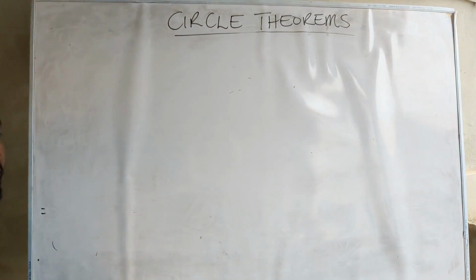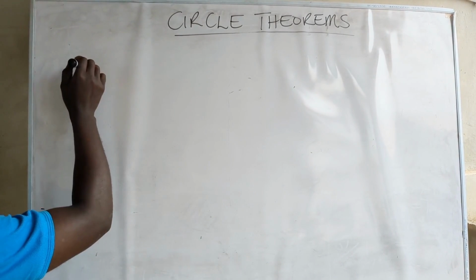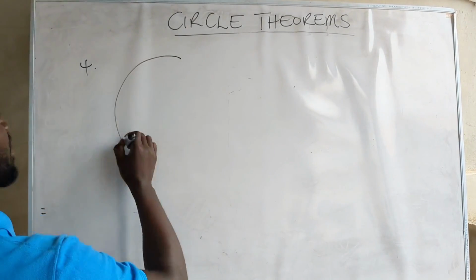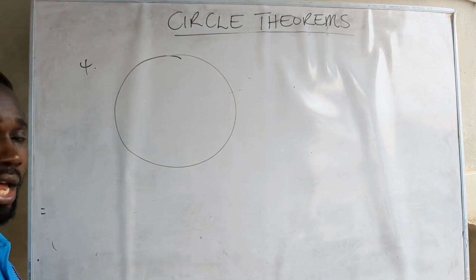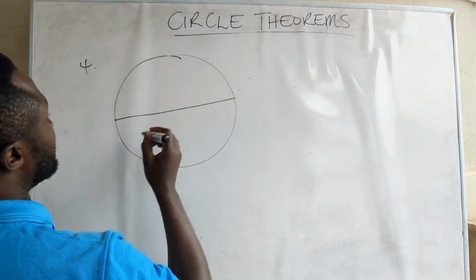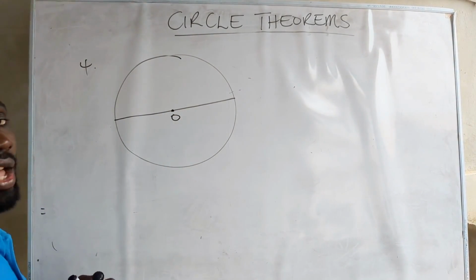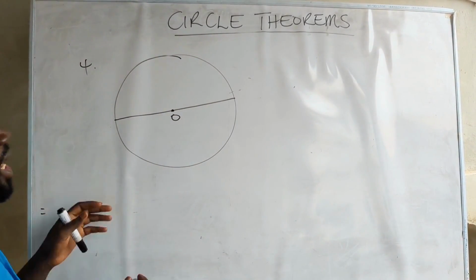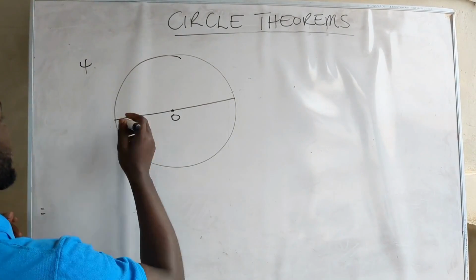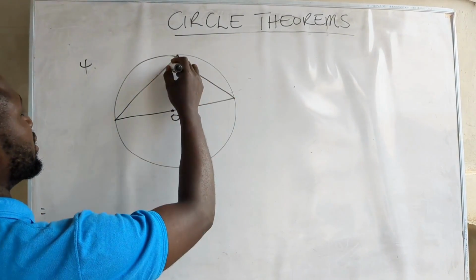Okay. Let's go to number 4. But in number 4, there is another problem. We are saying that let's say you have a diameter. Here is the center. If I have a diameter, then the angle that's obtained at the circumference of a circle from a diameter is equal to 90 degrees.